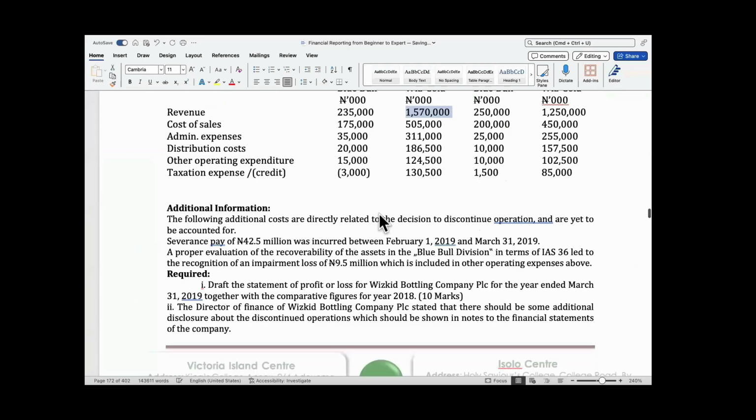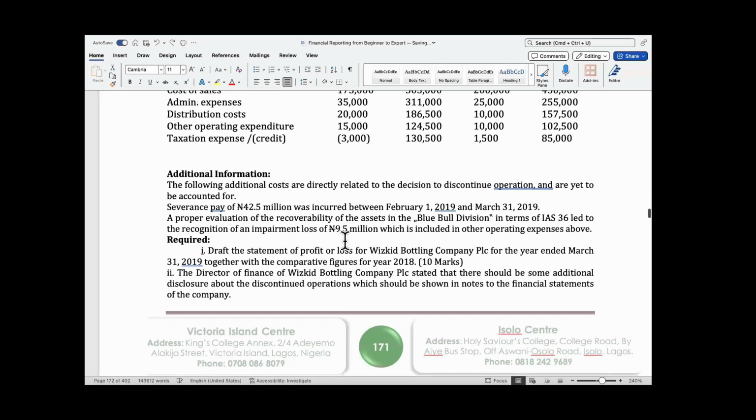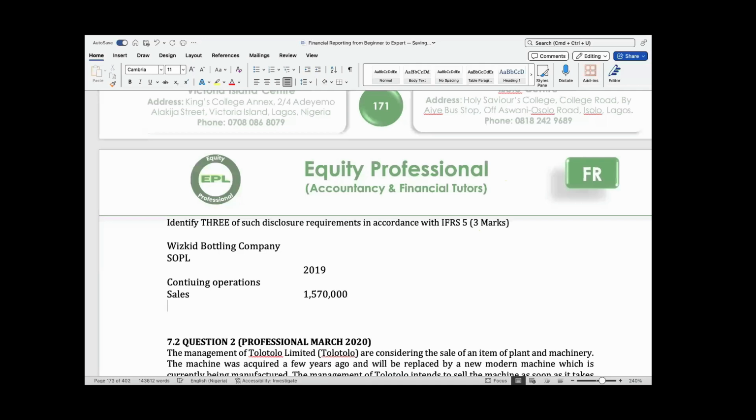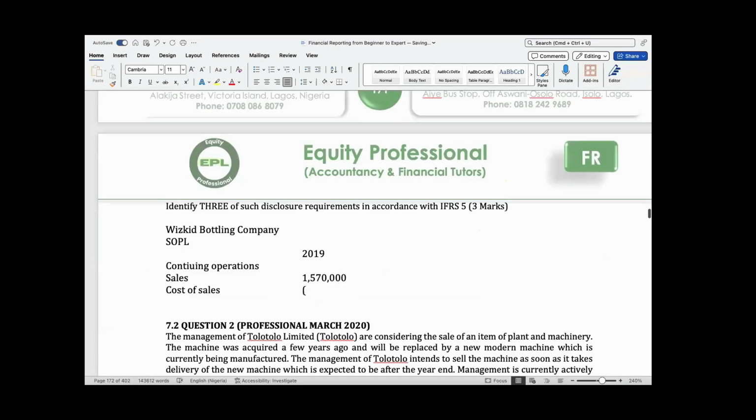So this is sales of Whiskola, 1,570. Cost of sales, 505.